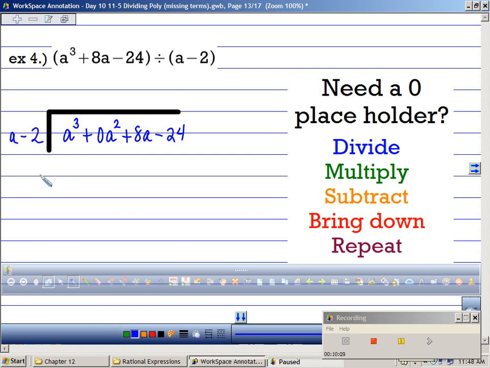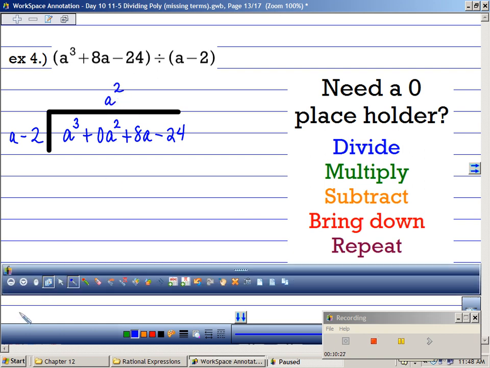What am I concerned about? You tell me. If I'm dividing, what am I dividing? I'm dividing a cubed and a. So how many times do I have to multiply by a to get a cubed? A squared. You see that, Jesse?